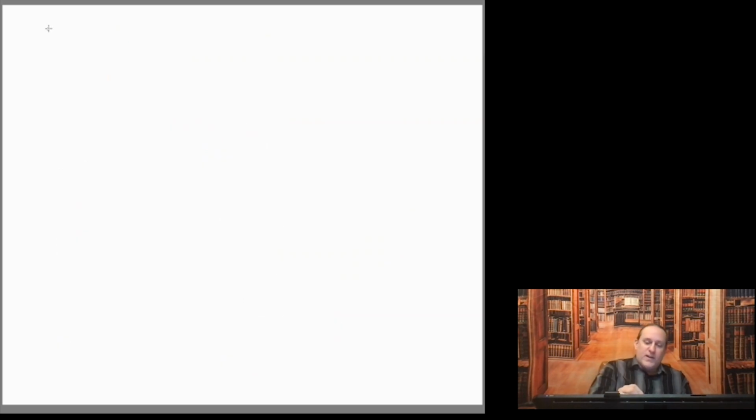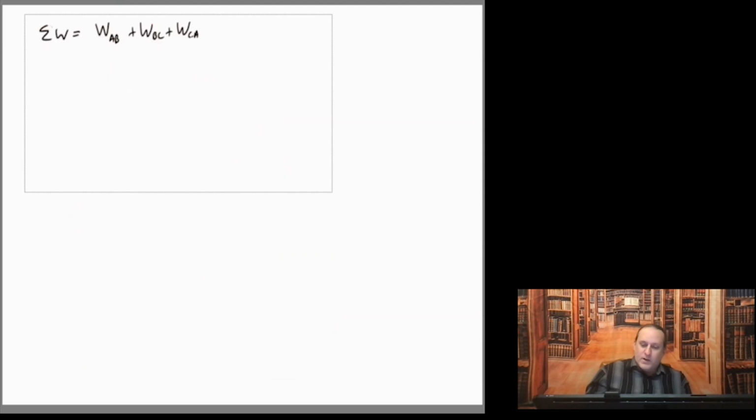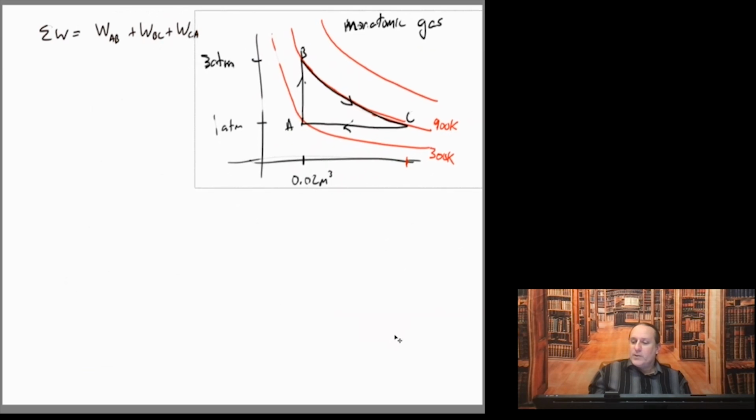So the net work is equal to the work going from A to B plus the work going from B to C plus the work going from C back to A. We can grab the diagram, copy it onto the next slide just so that we can refer to it.